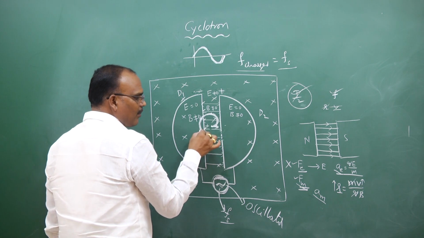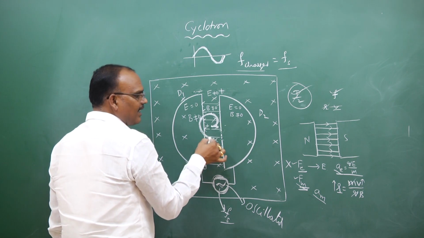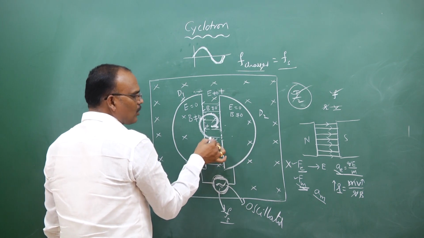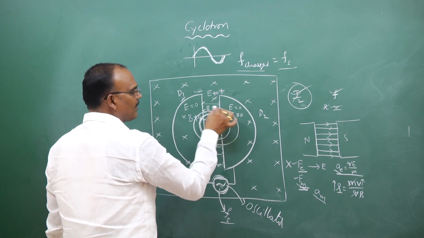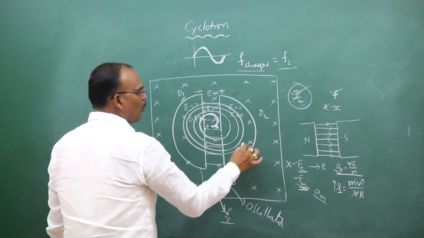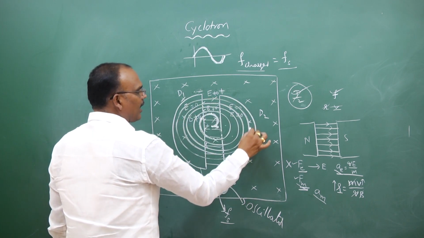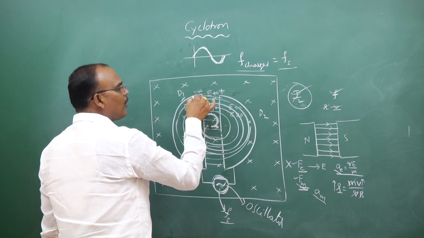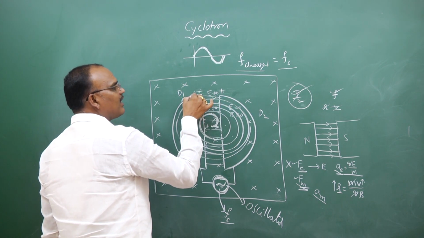Once it enters between the D's again, radius increases. Here both forces, there single force. So the charged particle will move like this. Once it reaches the radius of the D, if you allow it further, it is going to collide with the D.